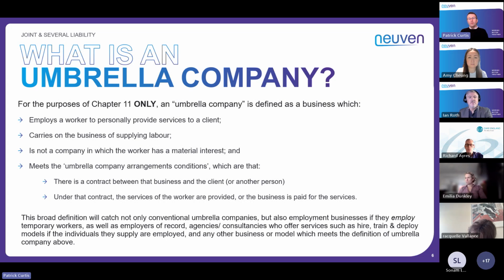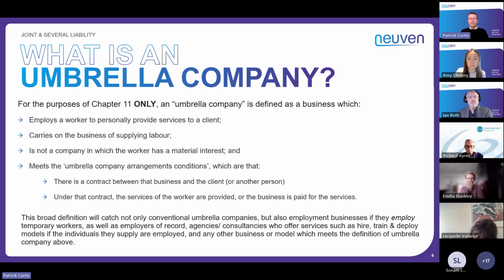If you only take one thing away from this presentation, please take away this: that is not what the government means and not what HMRC means when it defines an umbrella company for the purposes of joint and several liability. For the purposes of joint and several liability, an umbrella company is any company which employs a worker to personally provide services to a client, and it must meet all these criteria.